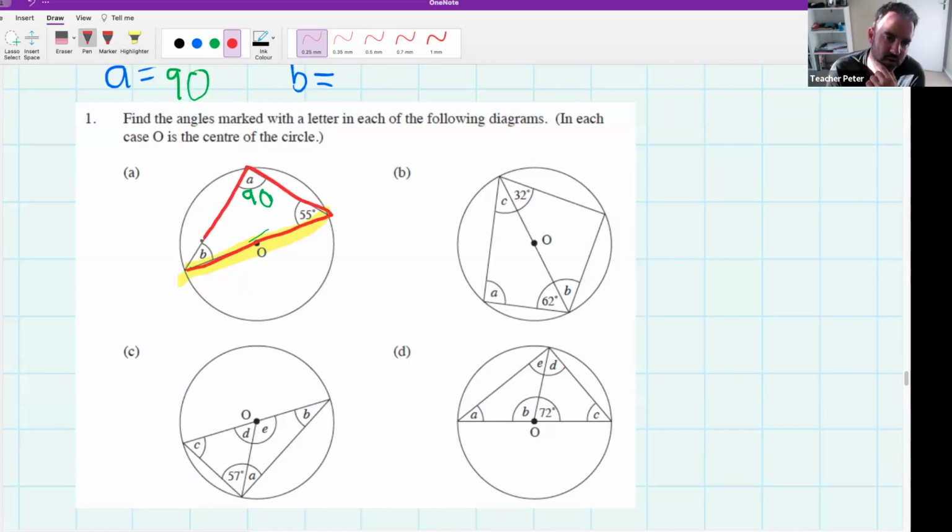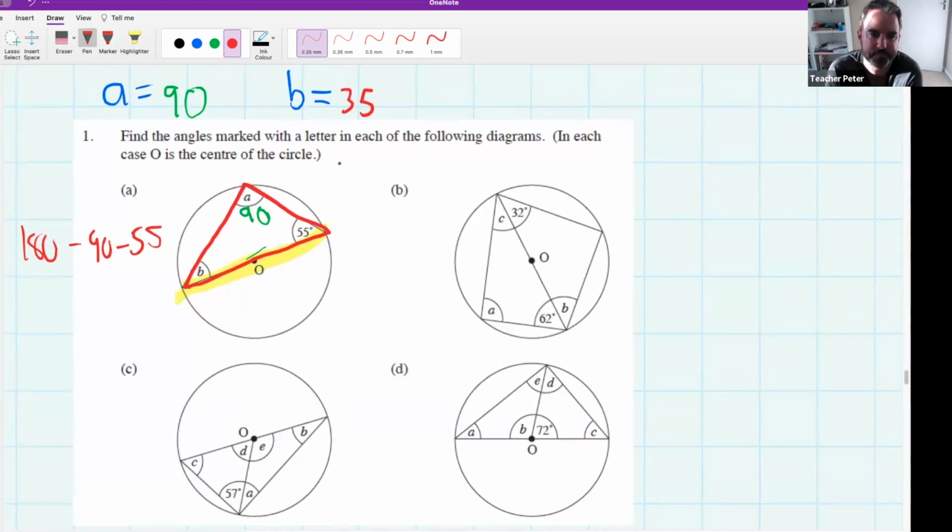And so if that is 90 and that's 55, one way of doing it is just going 180 minus 90 minus 55, and that would be 35. So this was 90, and this one over here was 35.